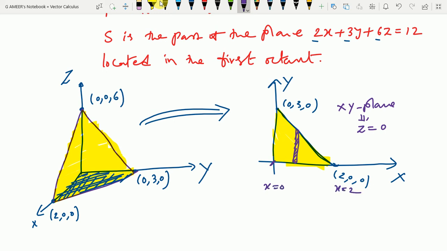Then the y coordinate is ranging from 0 to, so what is the y here? The y here is decided by this line equation. What is this line equation? 2x plus 3y plus 6z is equal to 12 with z equal to 0. When I substitute z is equal to 0, I have 2x plus 3y is equal to 12. So y will become 12 minus 2x divided by 3. So this is the y.